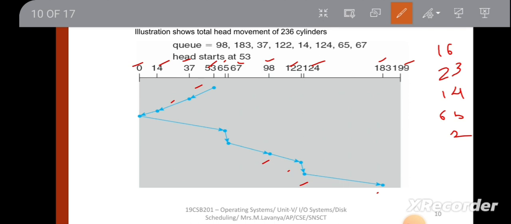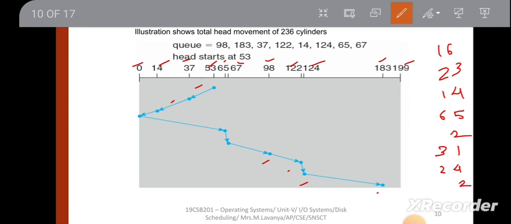Then from 67 it moves to 98. 98 minus 67 is 31 cylinders. Then from 98 it moves to 122. 122 minus 98 is 24 cylinders. Then from 122 to 124, it is 2 cylinders.